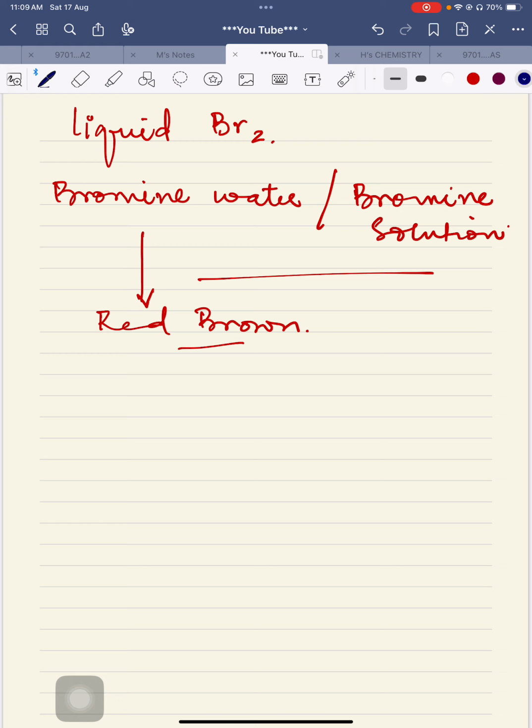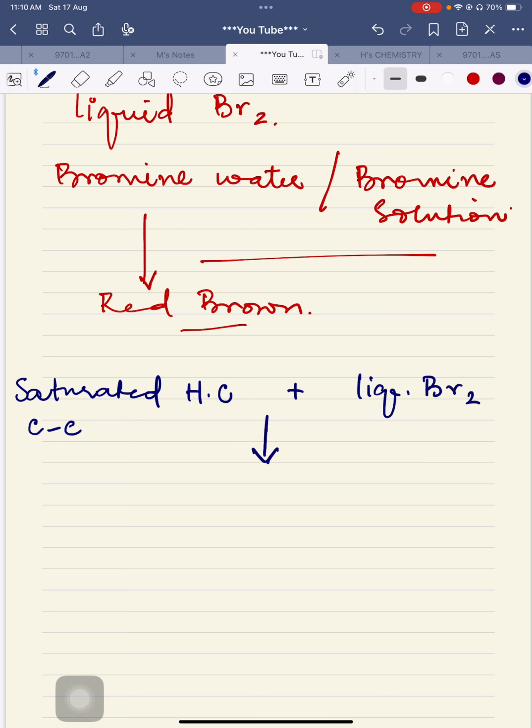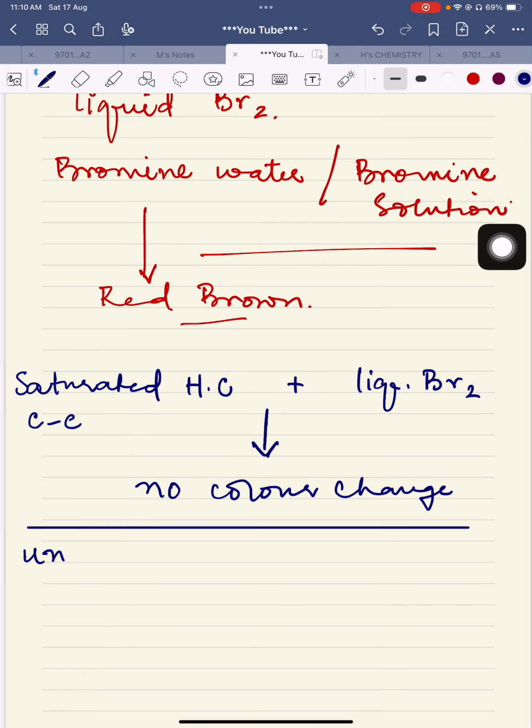Now I am telling you that if, for example, a saturated hydrocarbon, saturated meaning carbon-carbon single bond, is there, and we are going to react it with liquid Br2, I am writing here, after the reaction, what will happen? No color change is observed. Now I am telling you about the next one, that is an unsaturated hydrocarbon, a carbon-carbon double covalently bonded compound.